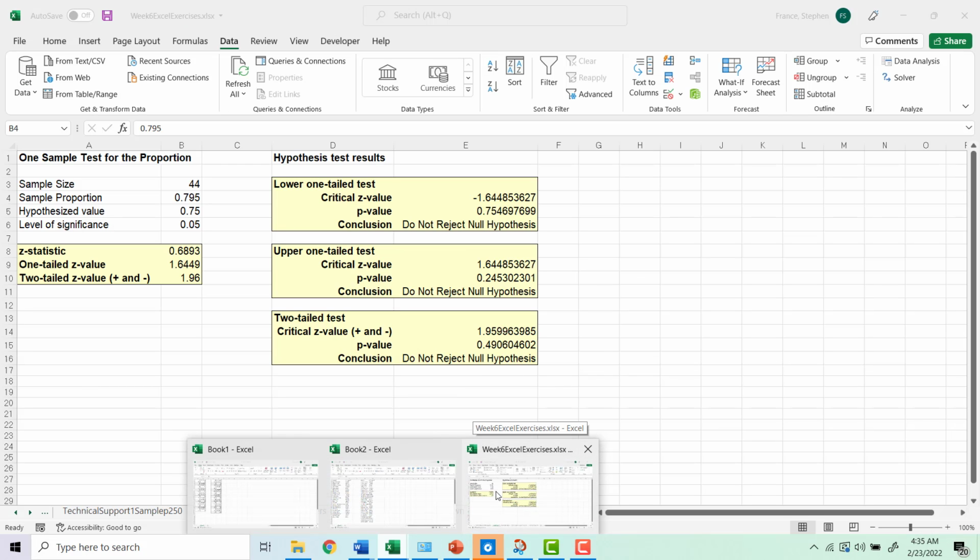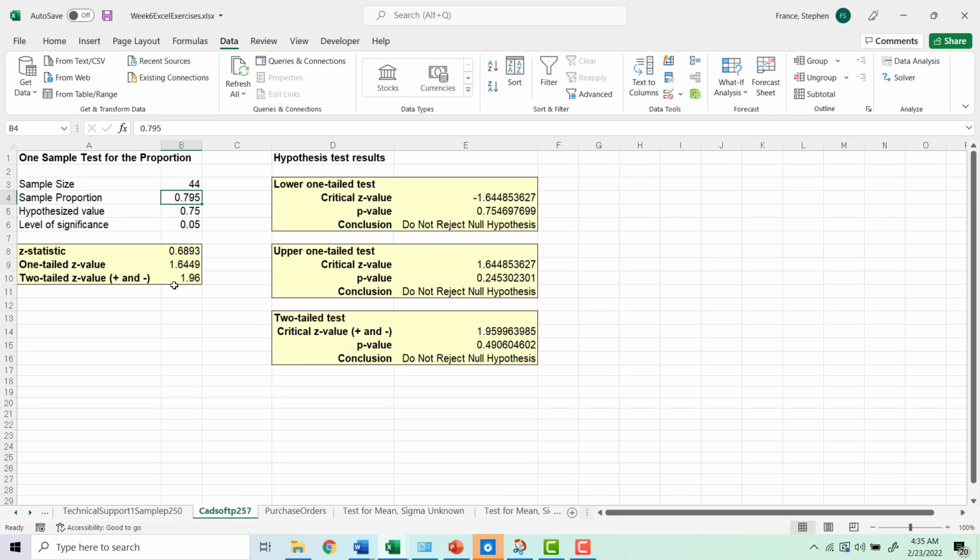Okay, so we're back on this where we're testing the hypothesis. The sample size is 44. Let's just say you want to use it for your homework. We put in the n here, the sample size, and the proportion of successes. In the example on page 257, this is 35 divided by 44.